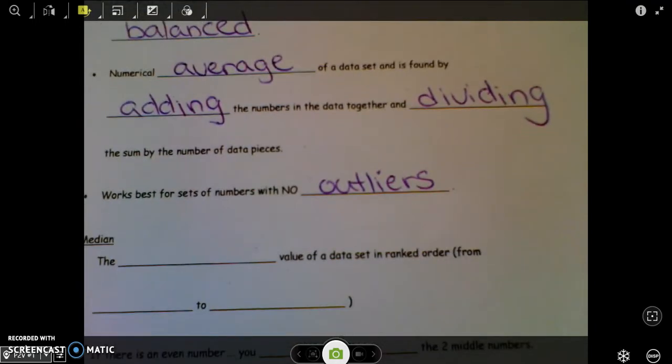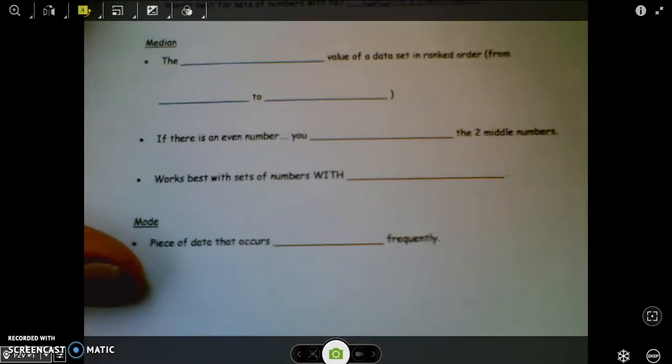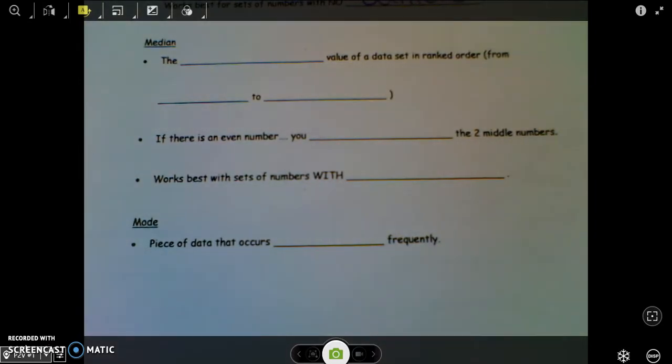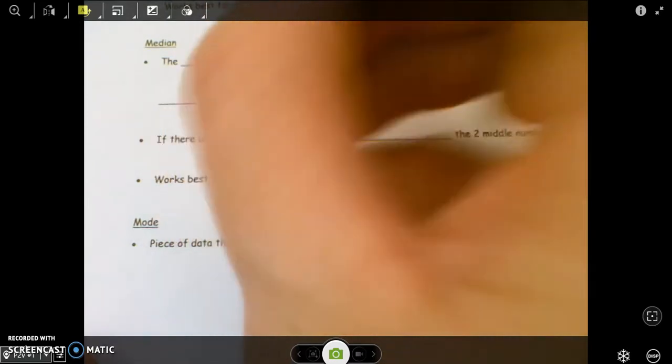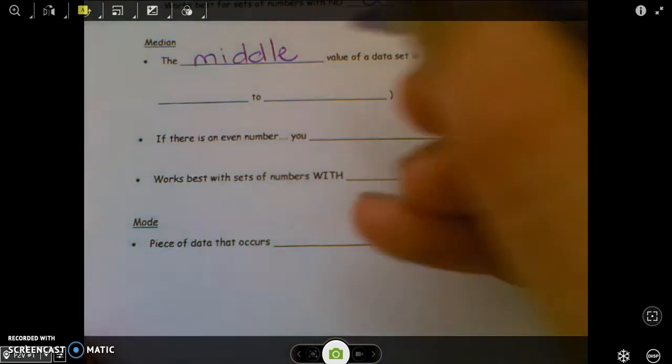What you would want to use, if you had outliers, is median. So again, looking at a definition of median to start out with, it is the middle value of a data set in ranked order, meaning from least to greatest.